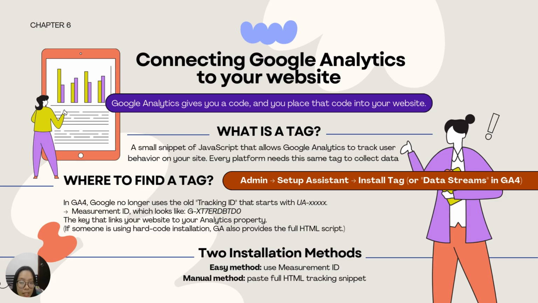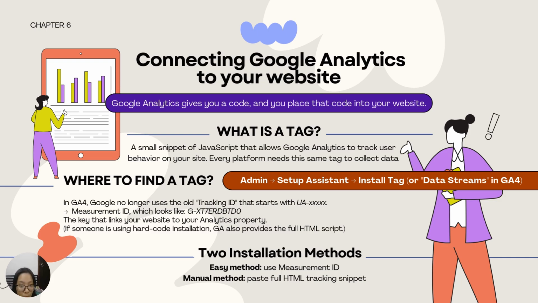After your Google Analytics account is set up, go to the admin panel. From there, open the setup assistant and look for the section called install tag or tag installation, depending on what version you're using. If you're using GA4, which is now the default version of Google Analytics, you may find this under the name data stream. This is where your unique measurement ID and tracking code will live.